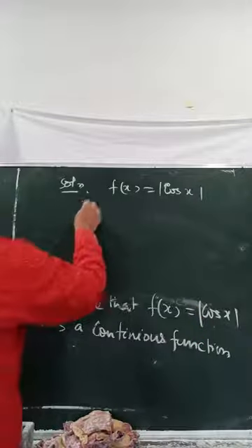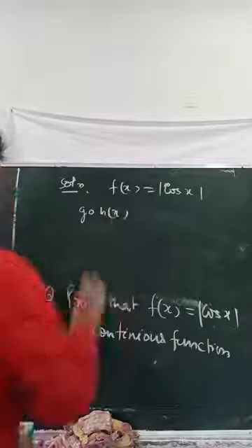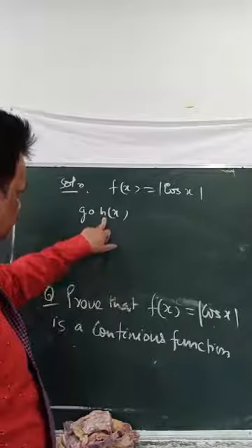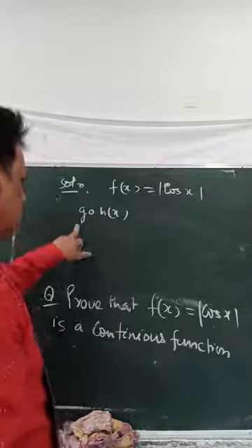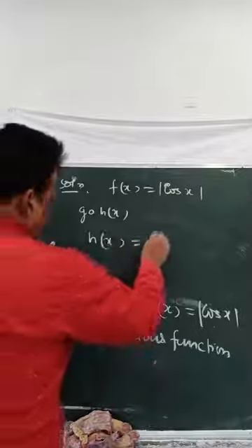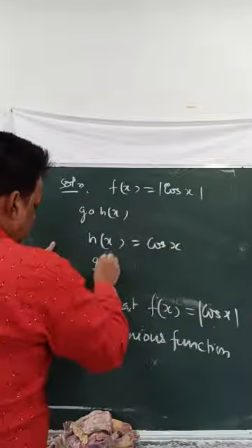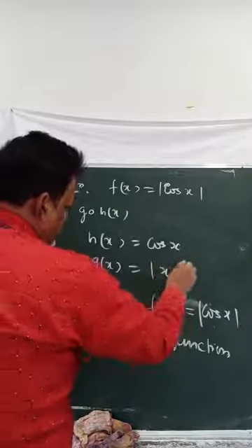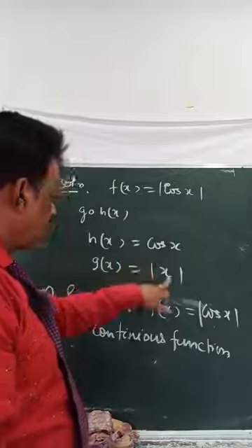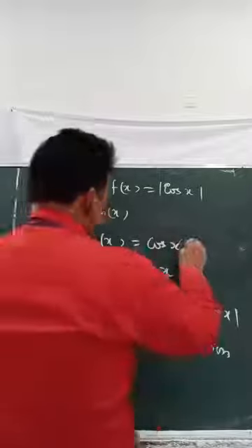Let's define g of h(x). So which one will be our h(x), which one will be g(x)? So h(x) you take cos x, g(x) you take modulus of x. G of x will be modulus of x, h(x) you have taken as cos x. Now this is continuous.